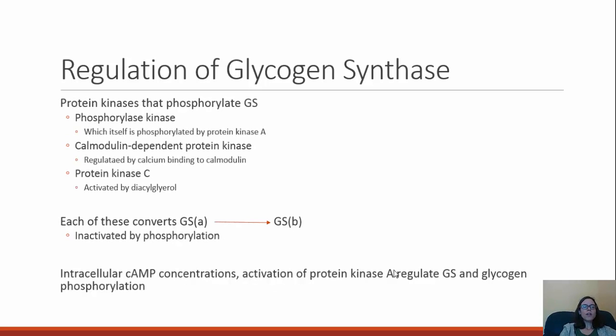So we're going to go through this a little bit more, and I'll explain it in a different way. Okay, so we know again that we have hormone signals or nutrient signals. These are the first messengers. And then they signal protein kinase to phosphorylate glycogen synthase. Okay, and here's just kind of a list of the protein kinases that can phosphorylate glycogen synthase. So when we have the active form of glycogen synthase, a protein kinase can add a phosphate group, and then it makes it inactive.